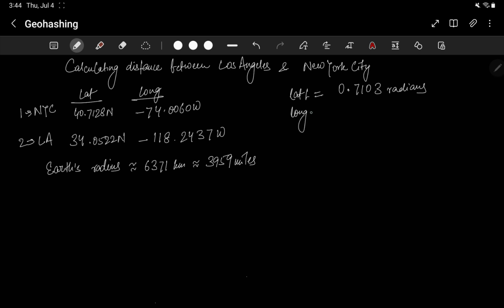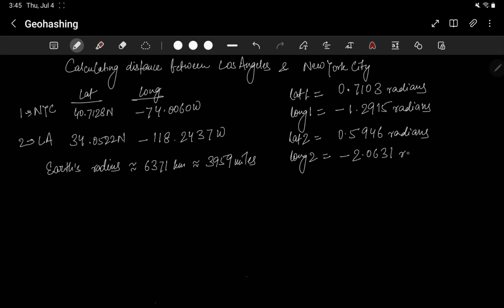Similarly, long 1 is minus 1.2915 radians. Okay, now we have lat 2 as 0.5946 radians and long 2 as minus 2.0631 radians.